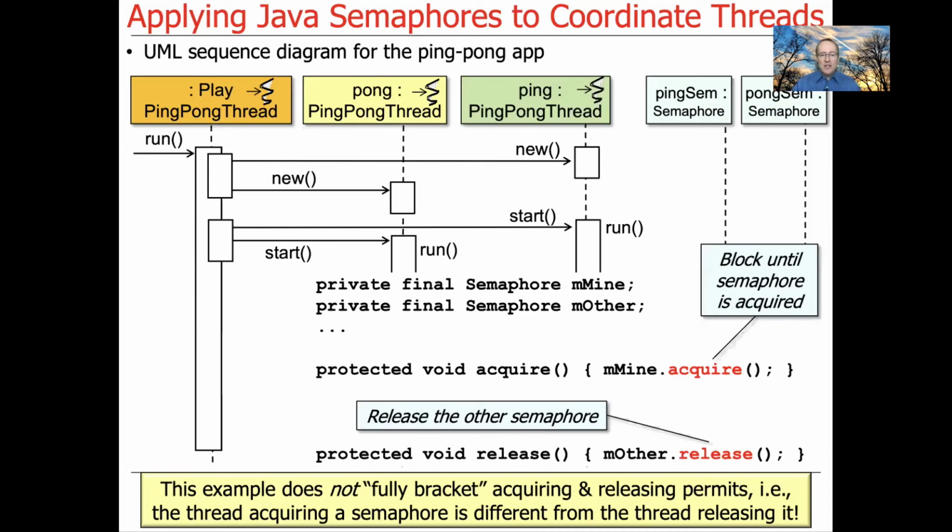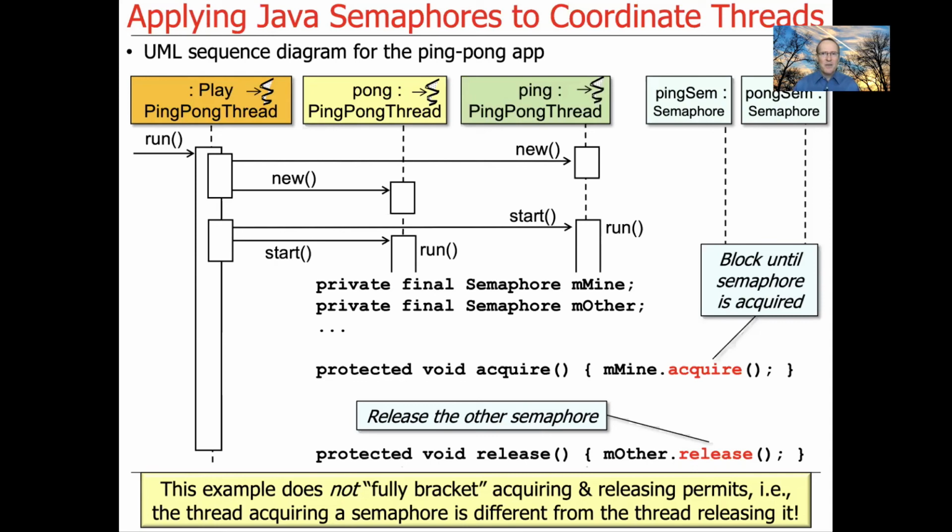If you look at the code, you can see that the acquire hook method calls the acquire method on the semaphore that's my semaphore, which is the ping semaphore for the ping thread, and the pong semaphore for the pong thread. And then the release method releases the other semaphore. And that's how they go back and forth coordinating in this particular model.